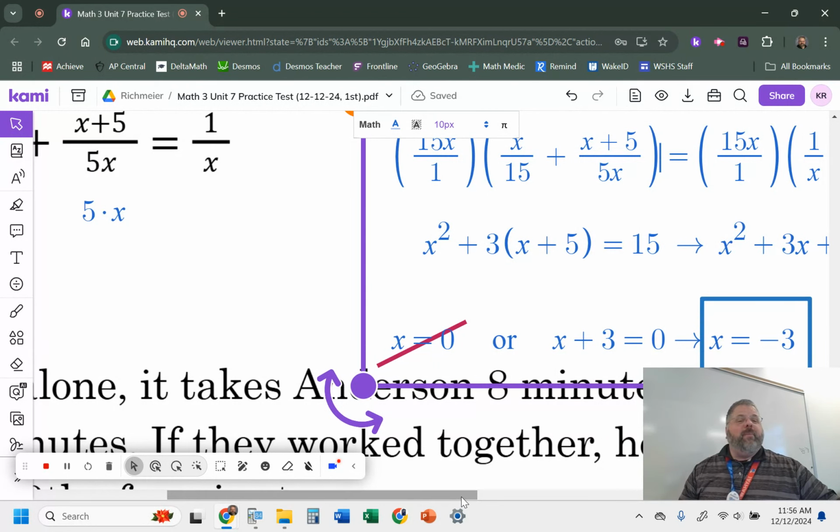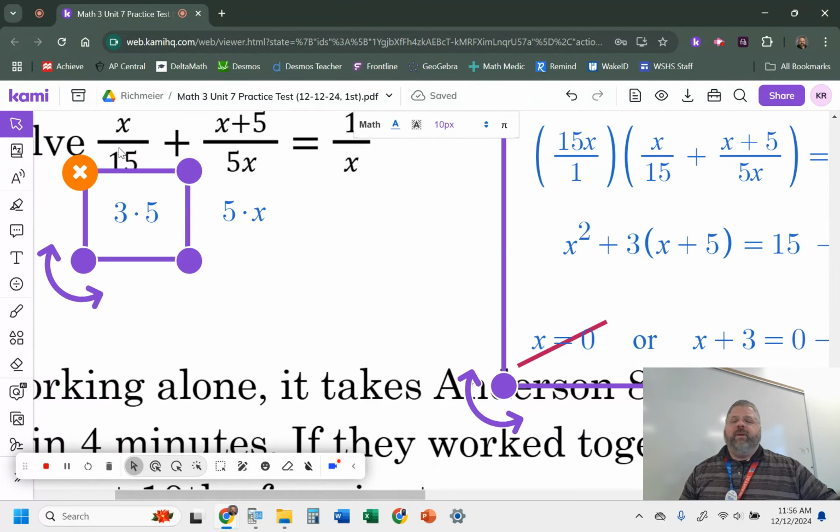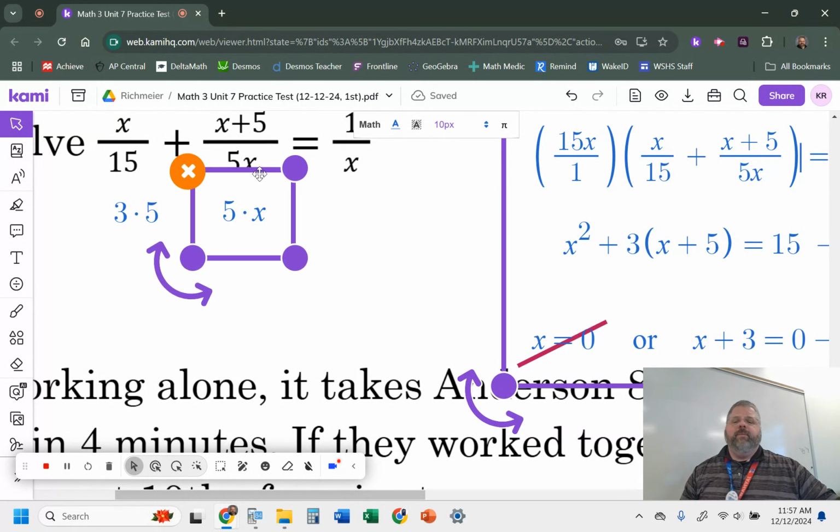So now I need to check my other possible solution, negative 3. So now I'm going to say, well, negative 3 over 15, that would be negative 1/5. Negative 3 plus 5 would give me 2. Negative 3 times 5 would give me 2/15. I'm sorry, negative 2/15, because it would be a negative 15.